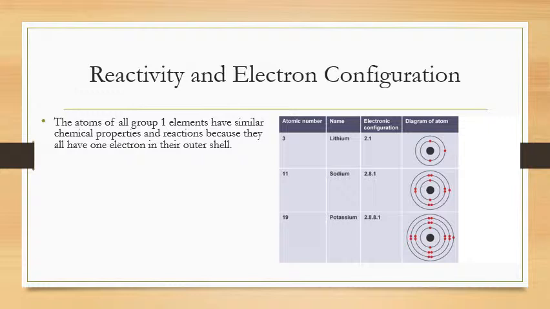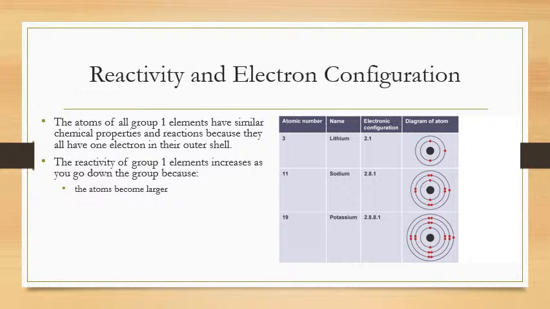Okay. So the explanation for this increasing reactivity is the following. It increases as you go down the group because the atoms are becoming larger. Okay. The outer electron becomes therefore further away from the nucleus. Okay. Negative electron, positive nucleus.